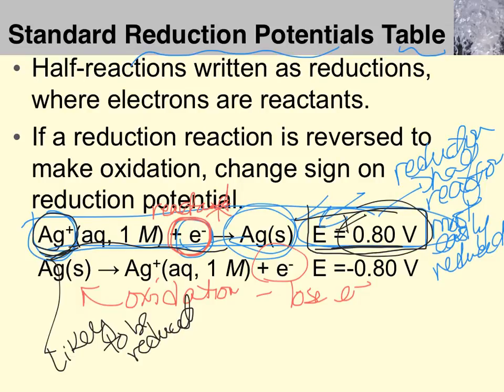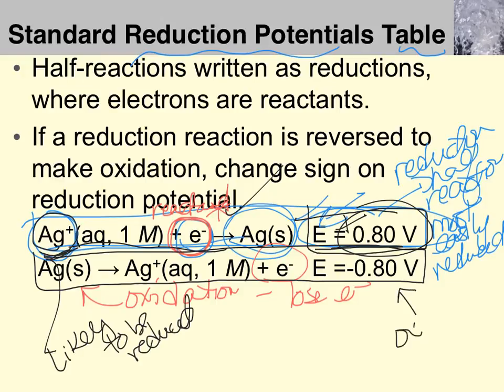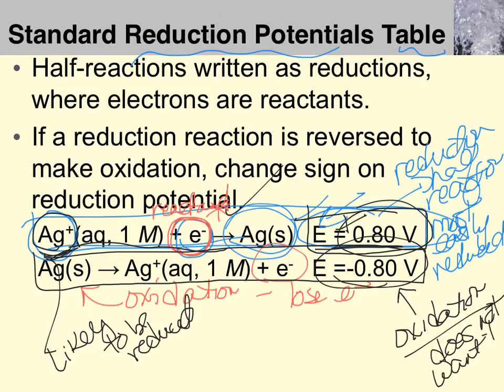So what can we say if we flip the reduction of the silver cation so that it reads as an oxidation? What does this negative 0.8 value tell us? It means that it does not tend to be oxidized, does not want to be oxidized.